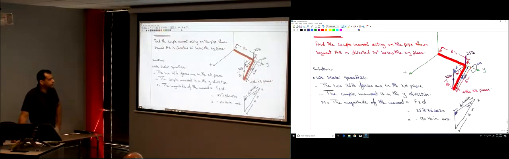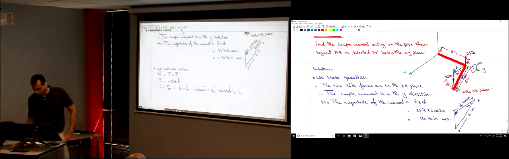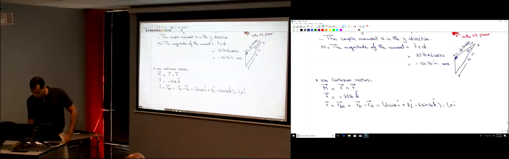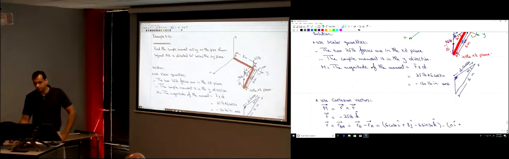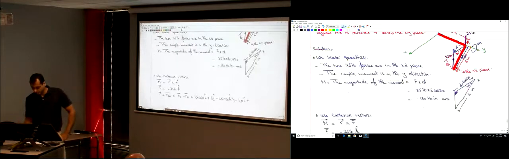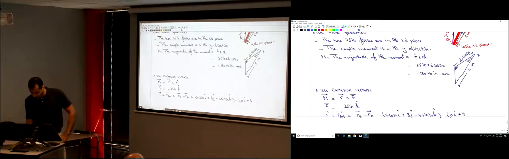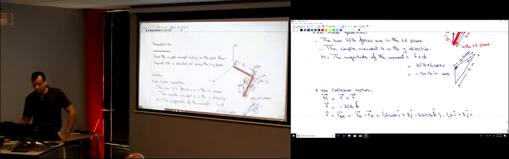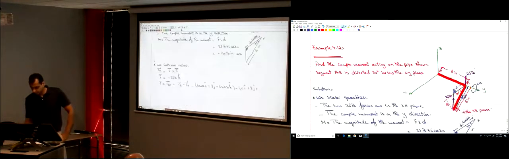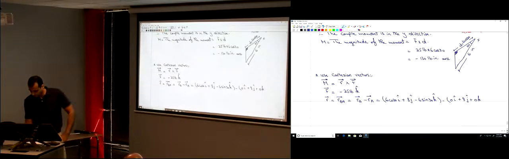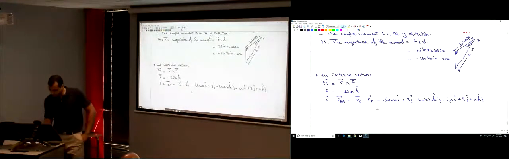The X component of RA, 0. The J component, the Y component, 8 inches. The Z component, 0. So let's do this subtraction.